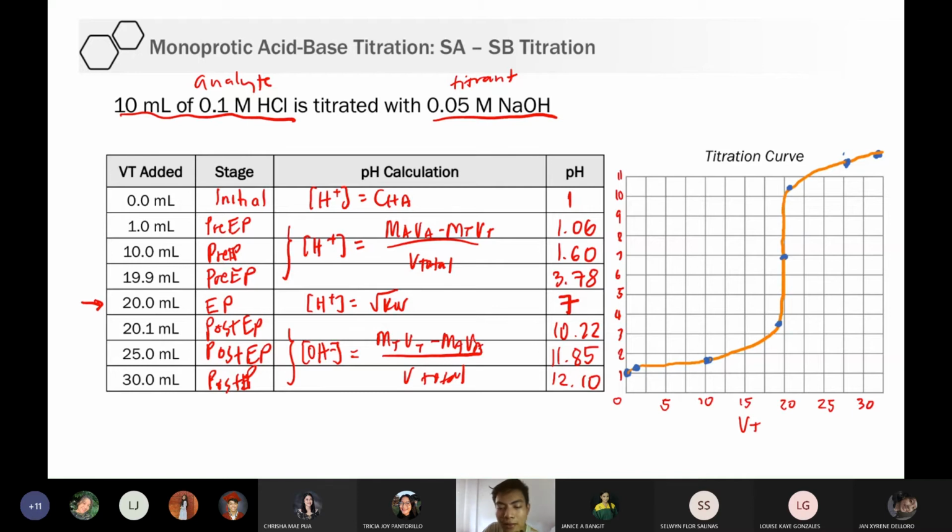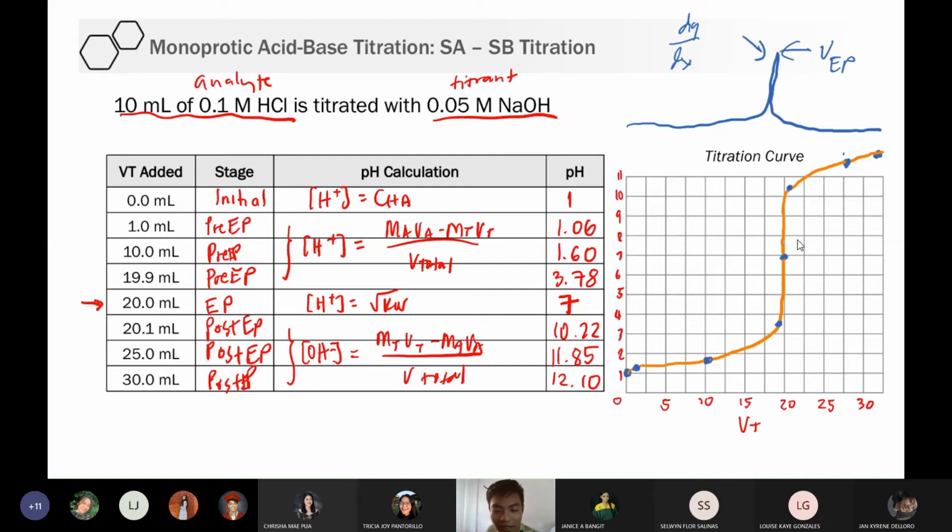Kayo, mahilig kayo sa math, no? Which is ginagawa naming mga BS Chem, we do the first derivative of this. Ang itsura niyan ay ganito. So, the first derivative, dy dx, this is the volume at the end point. That's how we apply calculus sa Anachem.